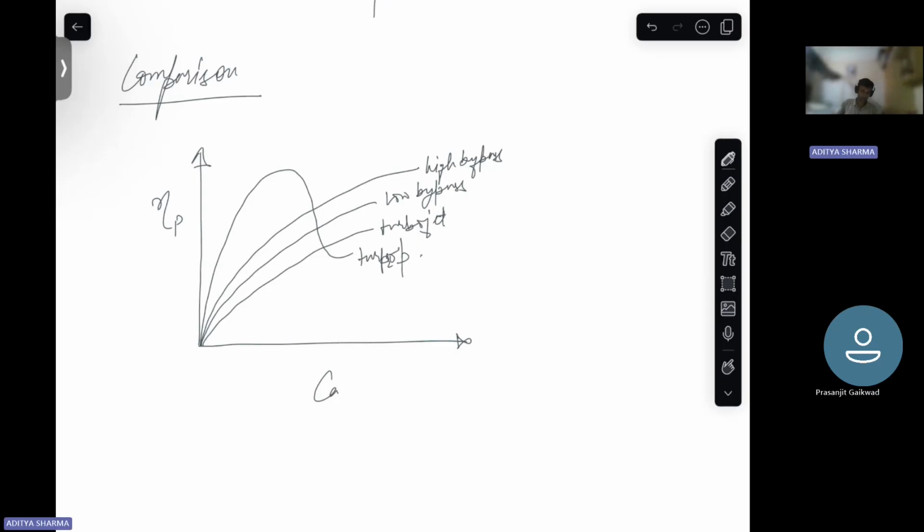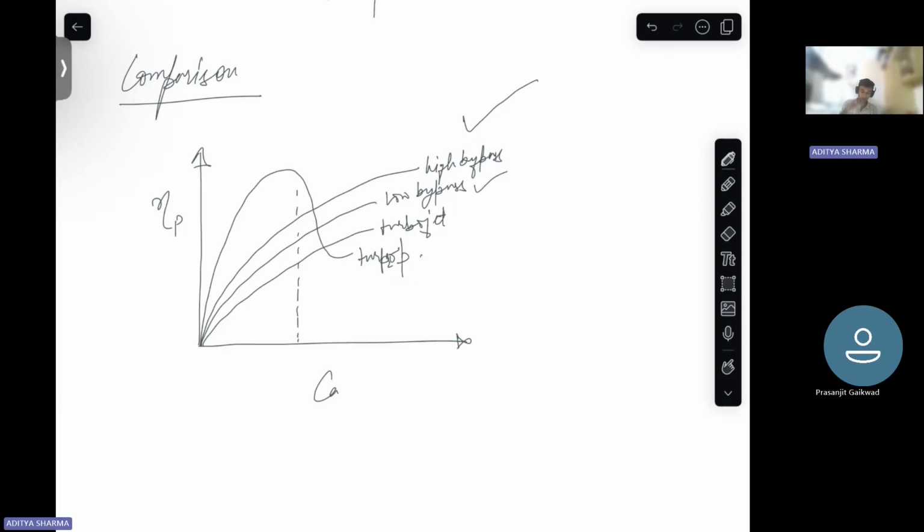For the same inlet velocity of your working fluid, the propulsive efficiency for a high bypass turbofan will be higher.